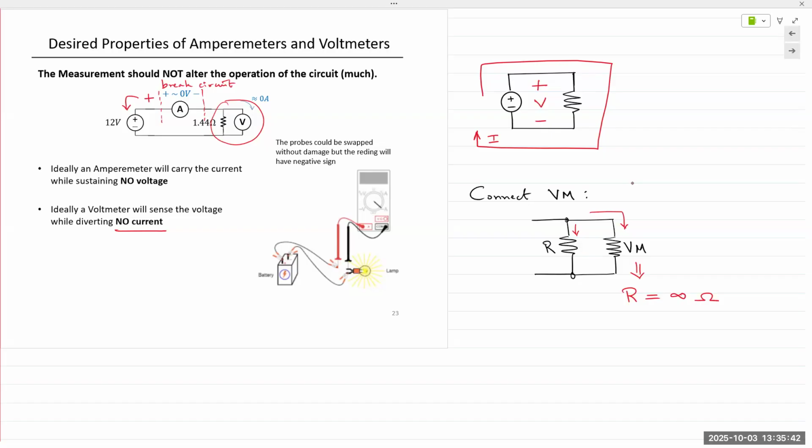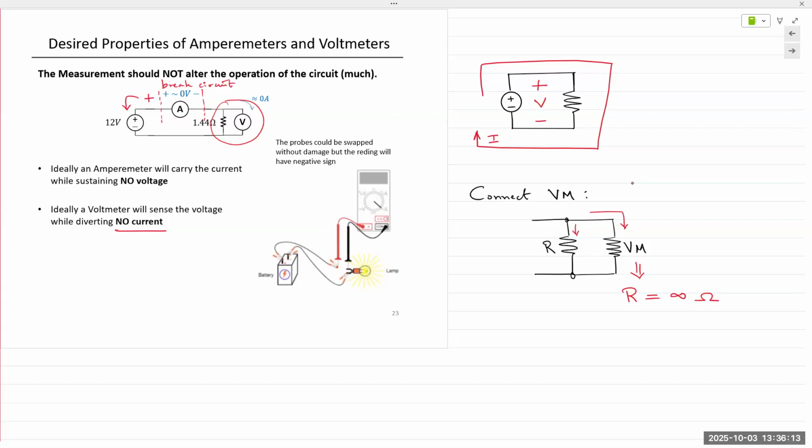But what if we don't know? What if you're simply analyzing an actual real life circuit? You don't know where you're connecting. You don't know whether your answer should be plus or minus. So you simply connect a meter, but you need to first observe the circuit. The positive end of the meter must be connected towards the positive end of the source, so the current passing into the meter must go in from the positive terminal.